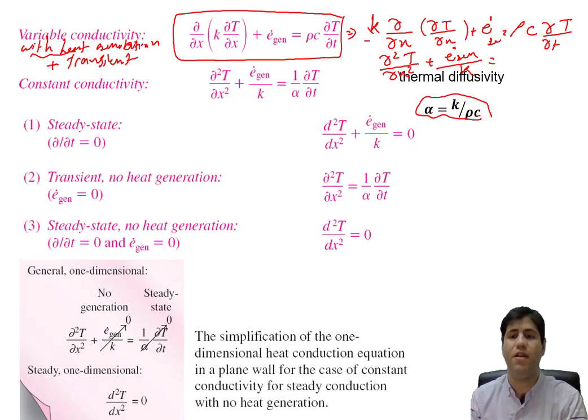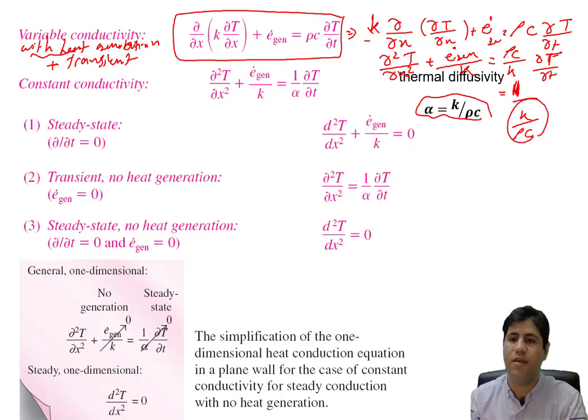We have rho C divided by K, which we can write as 1 divided by K divided by rho C. This K divided by rho C is called alpha, or thermal diffusivity.